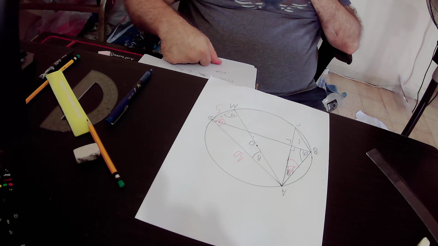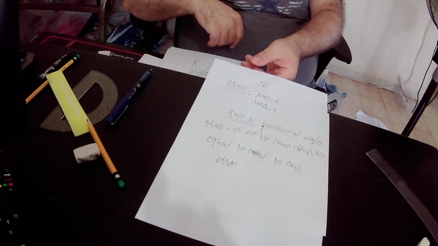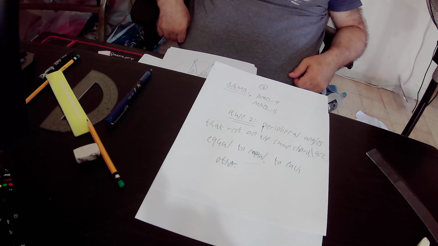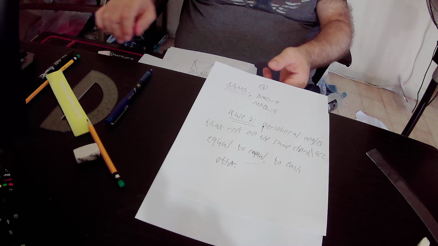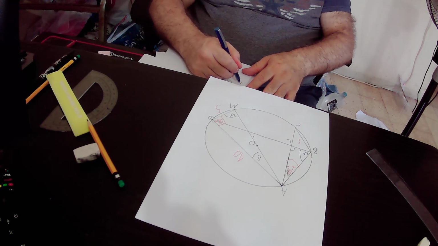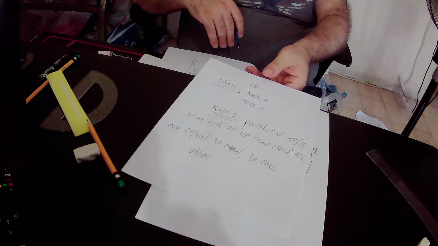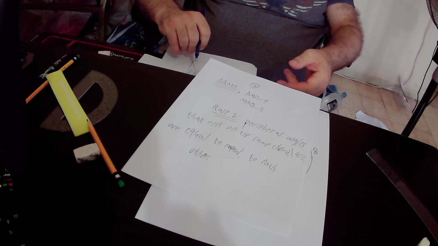And we also have rule number 2 that states that peripheral angles that rest on the same chord or same arc are equal to each other. Okay, peripheral angles that rest on the same chord or same arc are equal to each other.